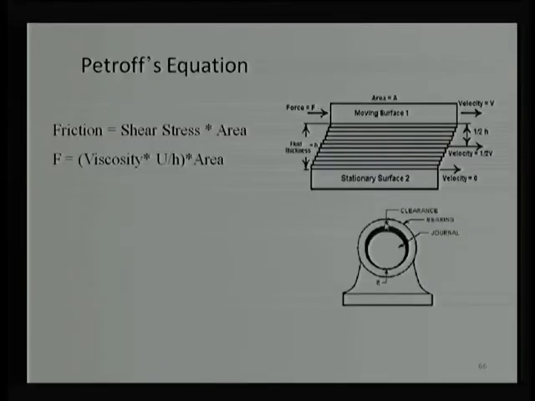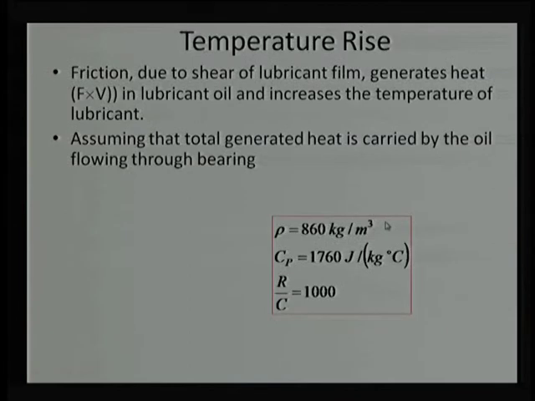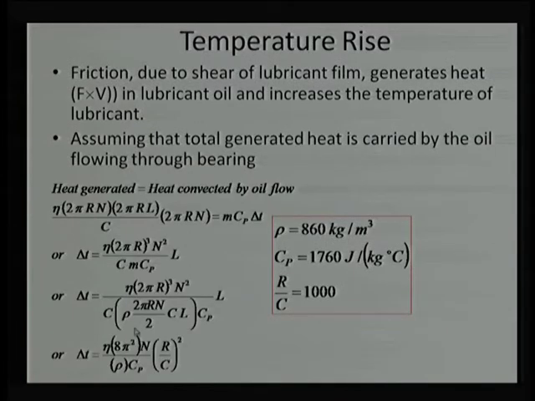If I say that the hole is open to the liquid, then due to rotation there will be some sort of vacuum or suction creation, and the liquid comes into the bearing, into this geometry, because of that. So this is the mass flow rate, then heat dissipation, and then the temperature difference can be given by this relation.